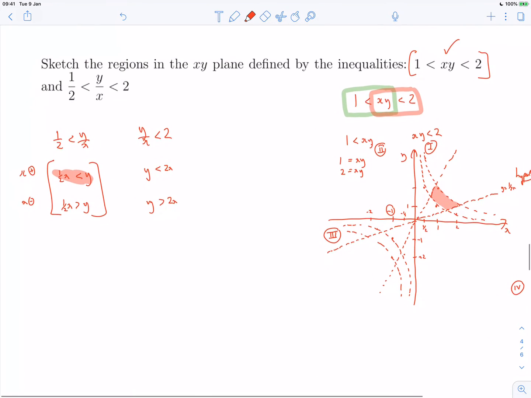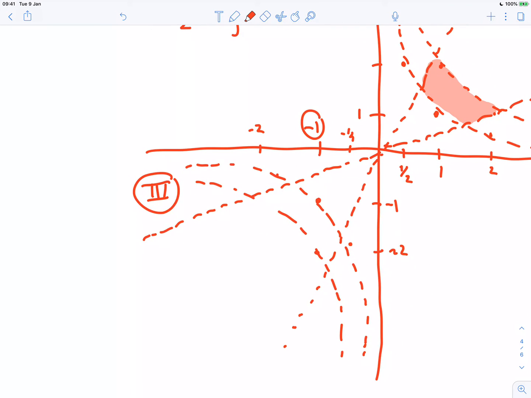Now if we look when x is negative, y is less than the lower slope, so it's below this line, and y is greater than 2x, so it's above this line. So remember, it's above one line, below the other, and it's in the band. So by symmetry, we're going to get this curvy rectangular shape as well.